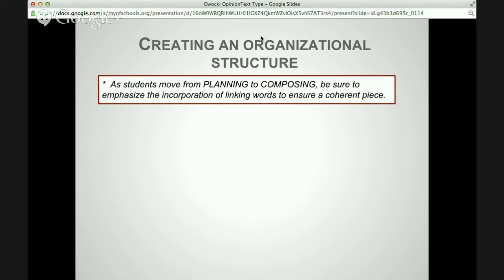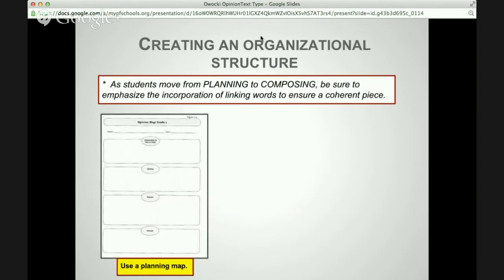So she talks about using some kind of organizational structure to help them go from the planning to the composing. And it gives them an opportunity then to incorporate some of the linking words to ensure coherence in that piece. So again, we know the beautiful planning maps or story maps that Iwaki has provided with every text type. This is the one for opinion.